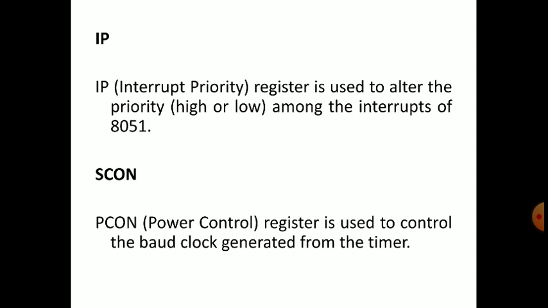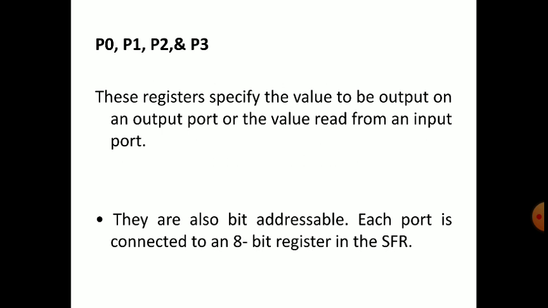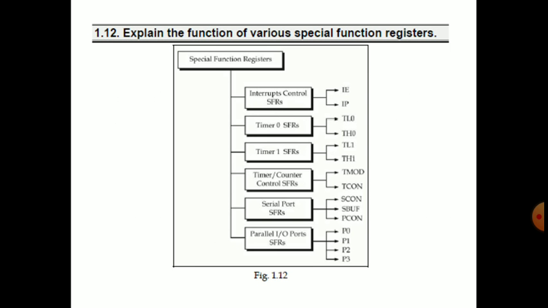And SCON; PCON, power control register; used to control the baud clock generator. SBUF is physically 2 registers, one is write only and another one is read only, that is TXD and RXD. And ports, we have discussed many times these ports, IO ports and their special functions, and the special function registers assigned to this particular section.